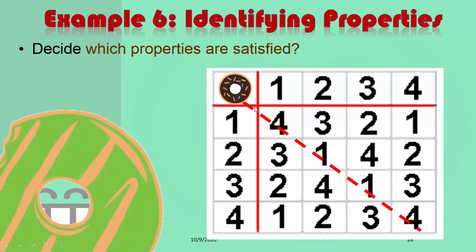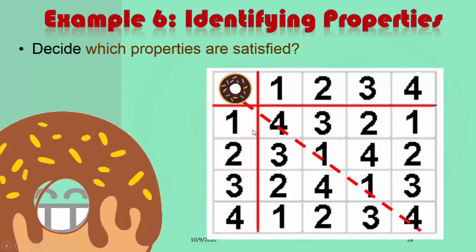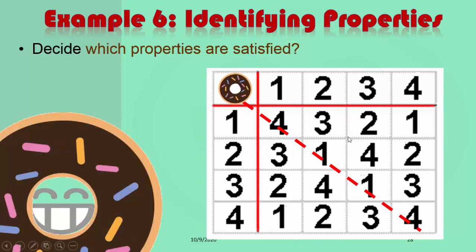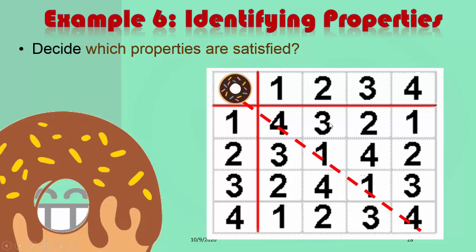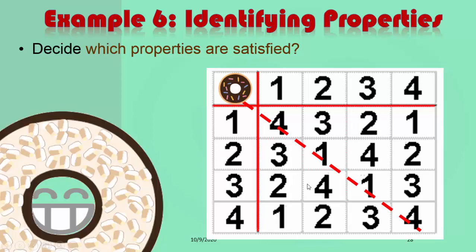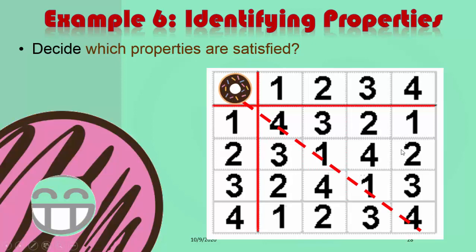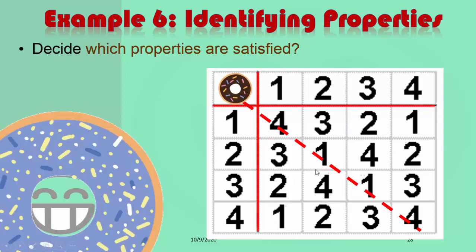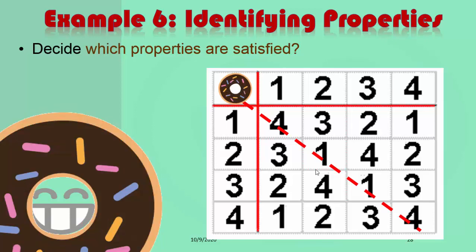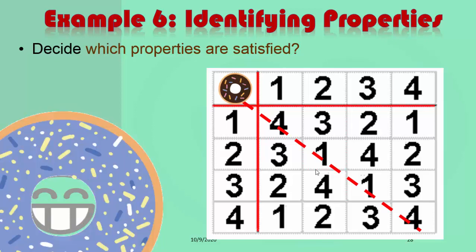Now we'll draw the diagonal down the table and fold it to see if there is a symmetry. And indeed there is. The 3 corresponds to the 3, the 2 corresponds to the 2, the 4 corresponds to the 4, etc. if we fold it, and that means the commutative property holds here.